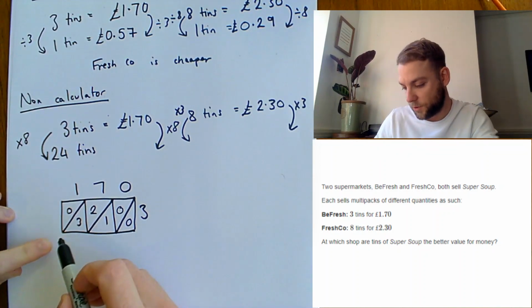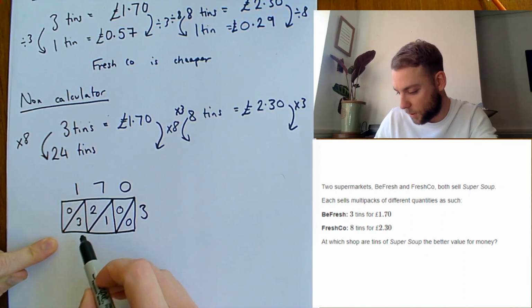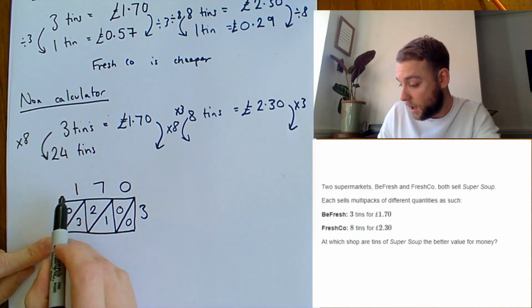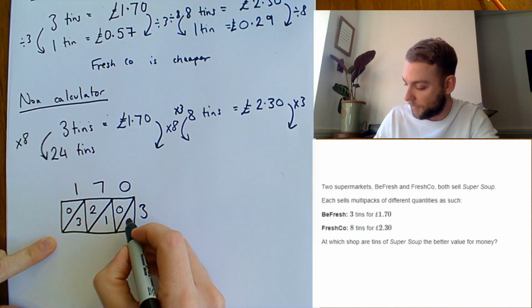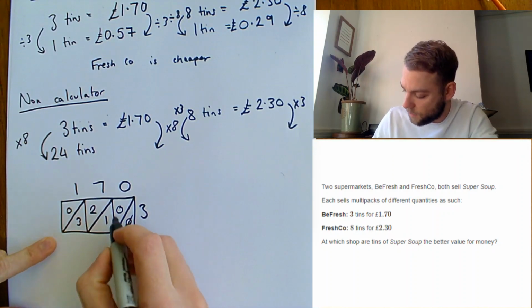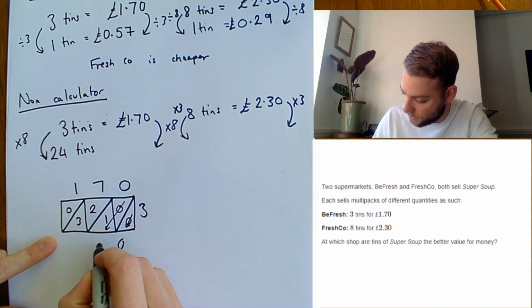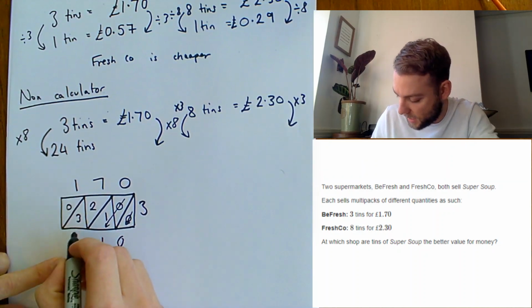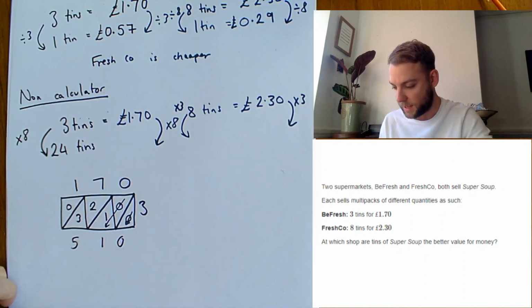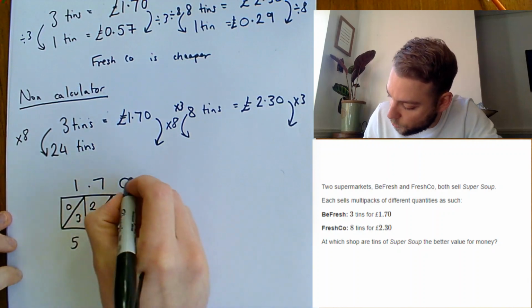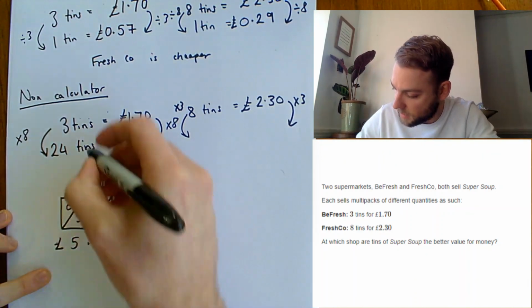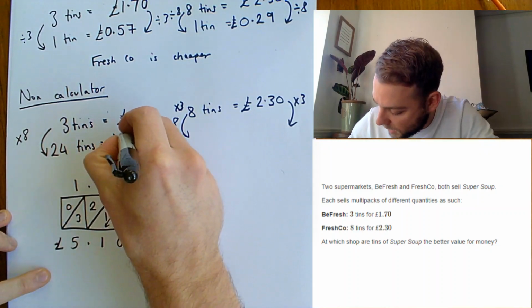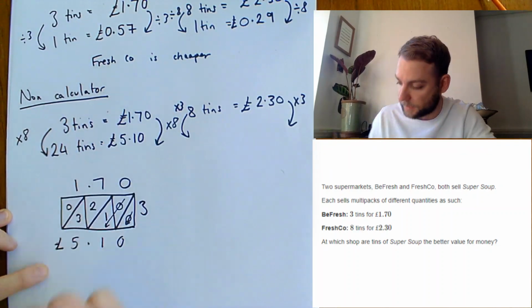So notice, if you've not seen the Chinese method, from bottom left to top right, you then multiply these and you're adding up diagonally, starting with this bottom left triangle. So it's 0, 1 and 0 is 1, 2 and 3 is 5, and then the 0 at the end. And because I've got 2 decimal places in here, I need 2 decimal places in here. So this is equal to £5.10.